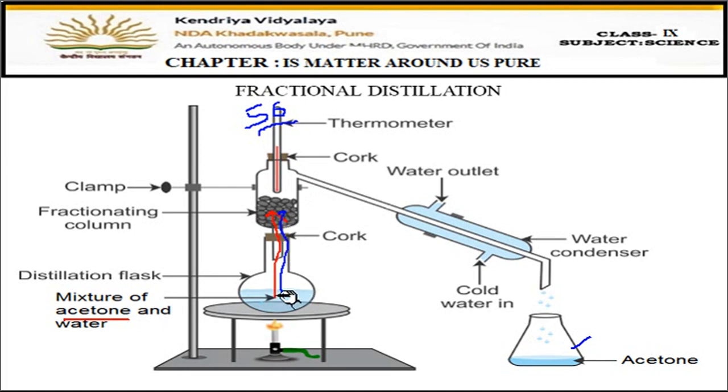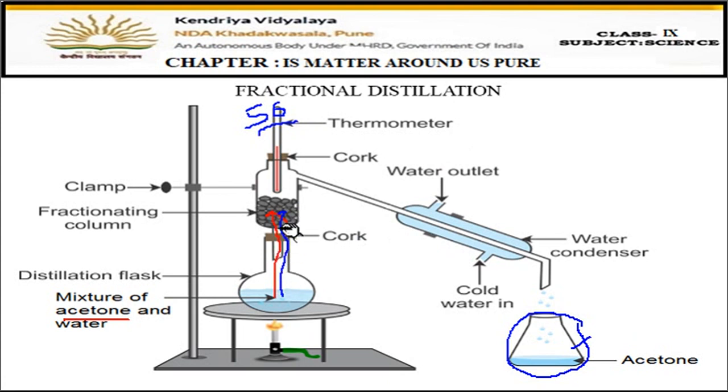Once the water vapors strike these glass beads, they will condense and come back into liquid form, and fall down again into the beaker. In this way, there is no chance of acetone and water mixing in the beaker. So very pure acetone and water can be separated using the fractional distillation method. This fractionating column has a huge advantage because it increases the surface area.